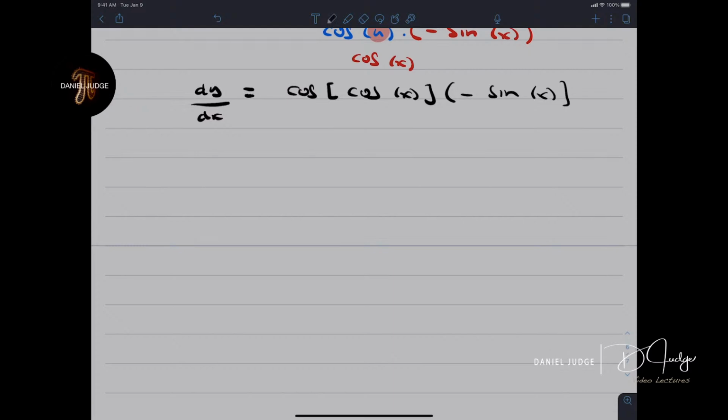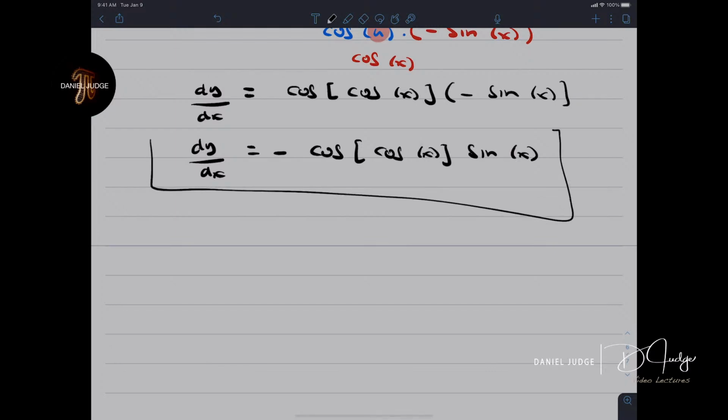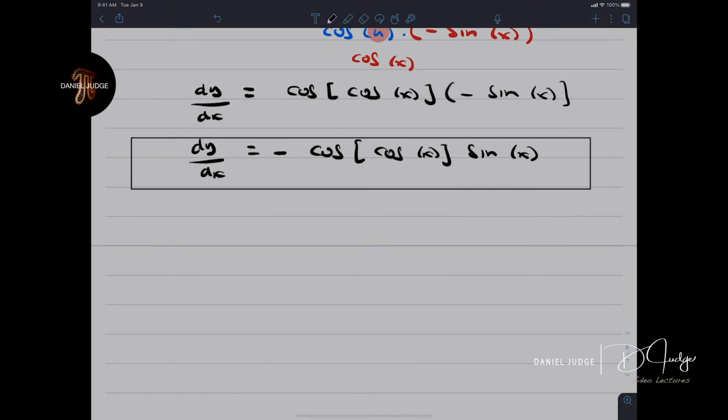So you will see dy dx become minus cosine of cosine x times sine x. And there you go.